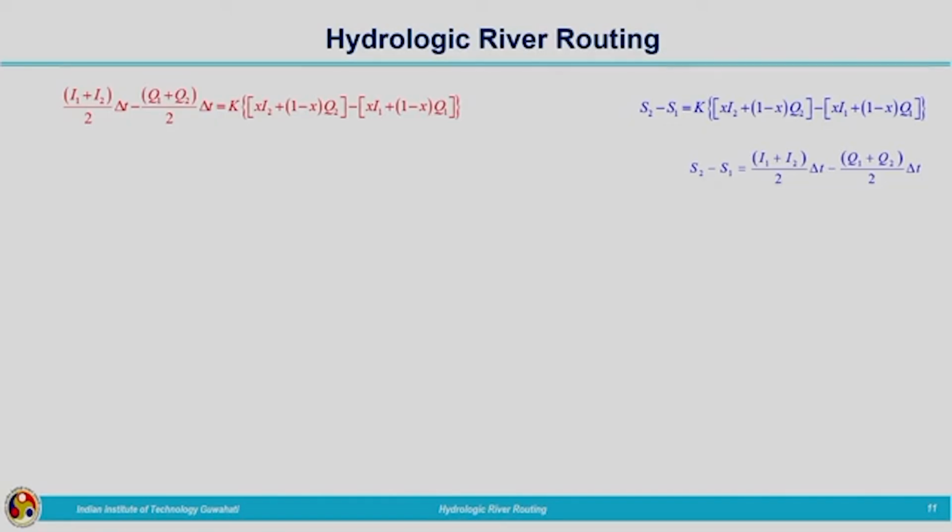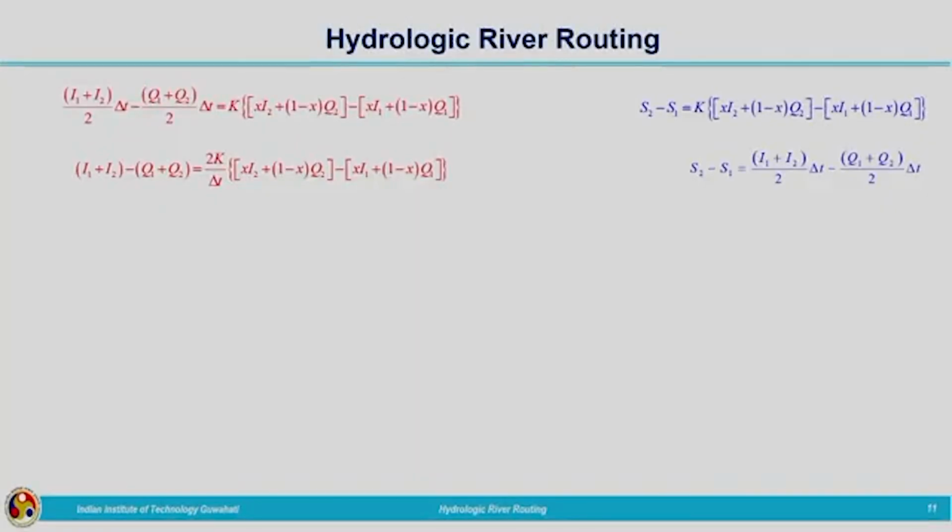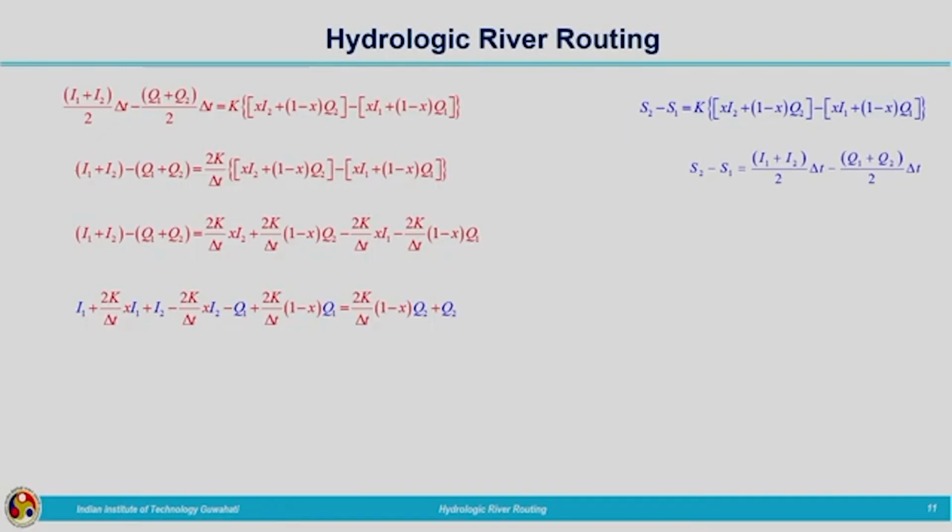So, we can rearrange the terms in this equation in such a way that all the known terms will be on one side of the equation and unknown terms related to outflow will be put on the other side of the equation. The terms are rearranged to get the final form. Here I have written in blue and red. Blue is representing the flow characteristics and the red notations are representing the channel properties.